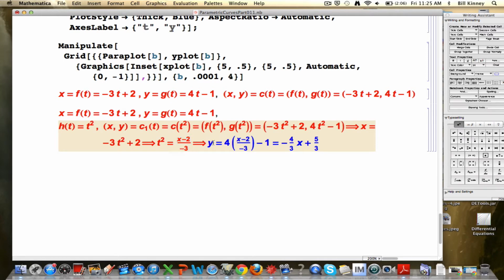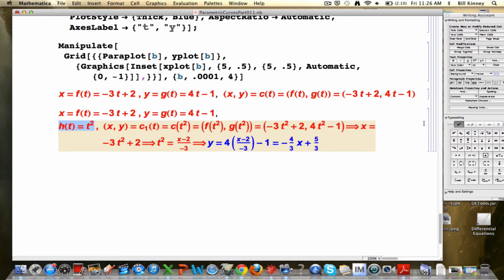Y equals this. I replaced the t squared that was up here with this expression right there. You simplify and you see that y depends in a linear way on x. We are parameterizing the same line. It still starts at the same point at time 0 and ends at the same point at time 1 and still goes in the same direction because t squared still increases from 0 to 1 as t itself increases from 0 to 1.